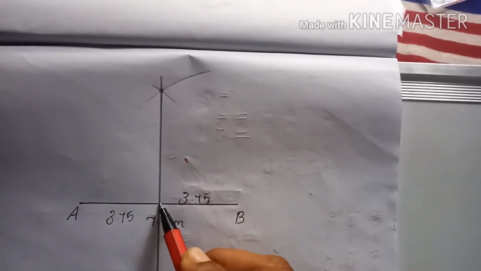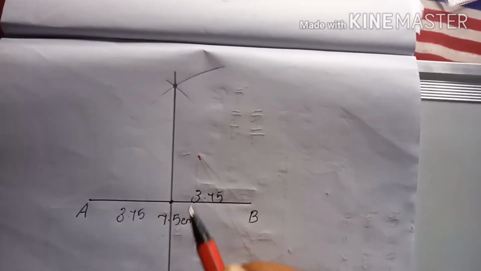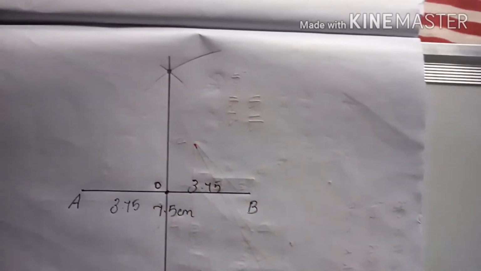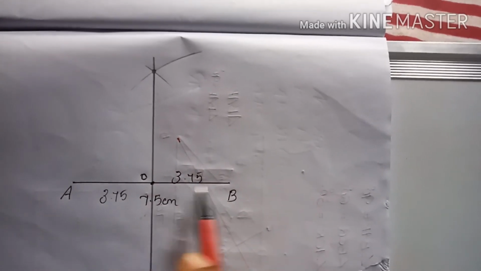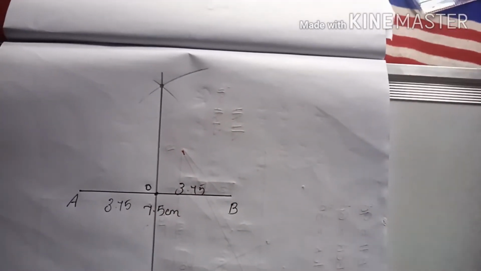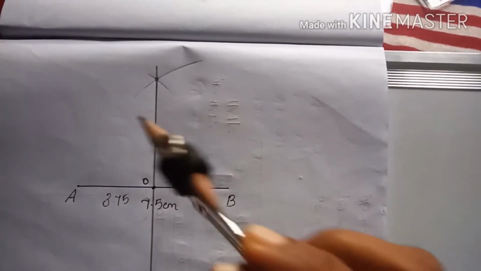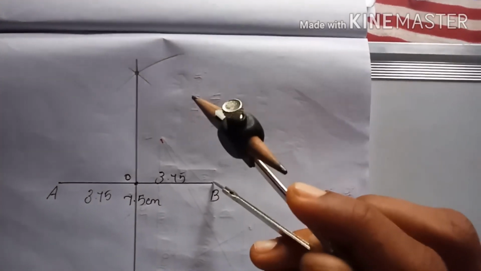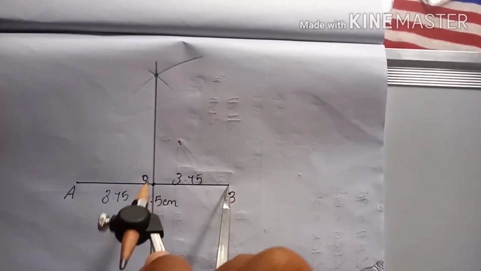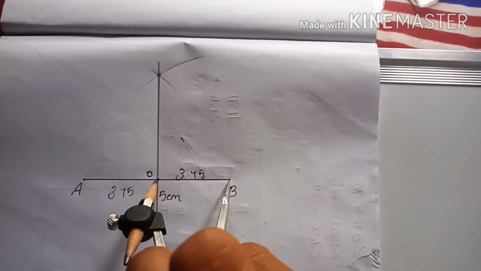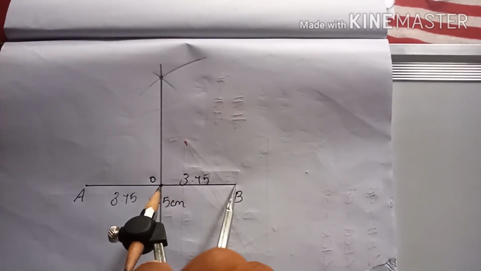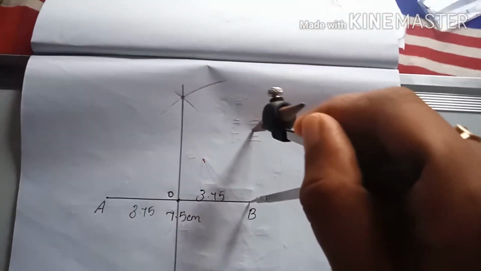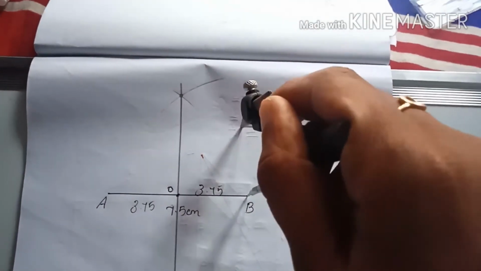So let's take this point as O. From this O to B is 3.75. Using this measurement, we can draw the square. So for that, take your compass again and measure the 3.75 in the compass. From the B point up to the point O is enough, like this, and draw one arc here, like this.